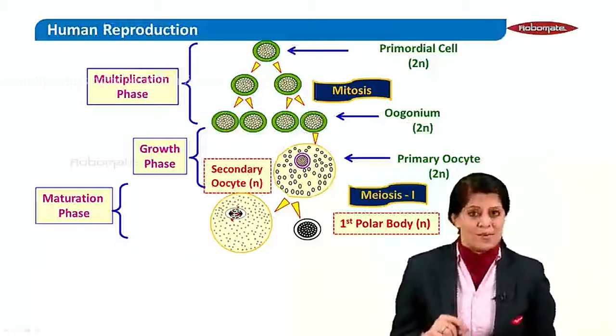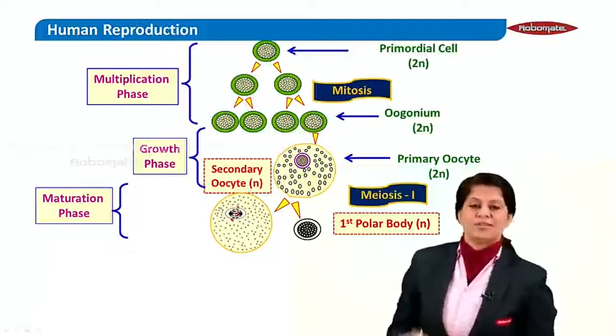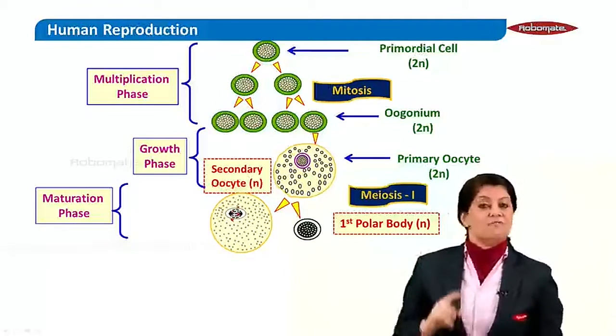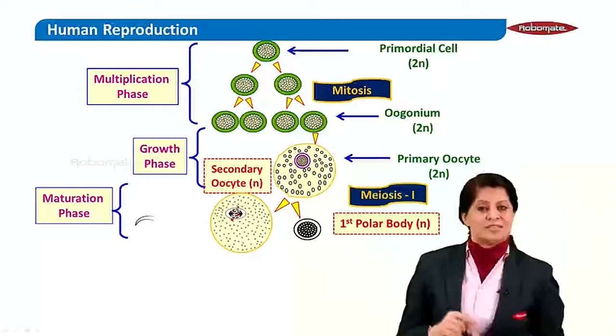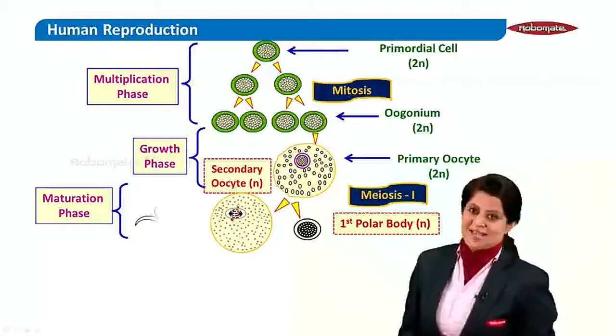But now in a woman, students, further oogenesis will proceed only and only if a sperm fertilizes the egg.